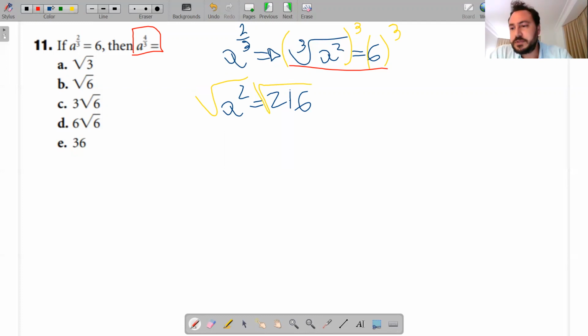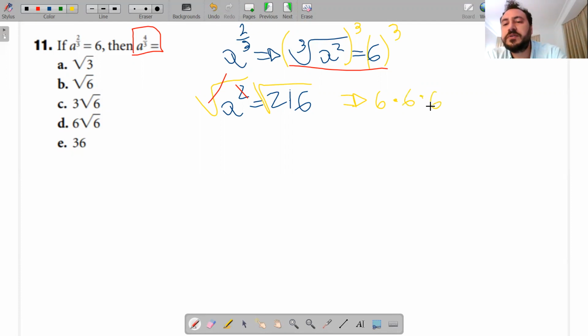Once you do the square root, the exponent on the left will go away. 216, remember, is just 6 by 6 by 6.